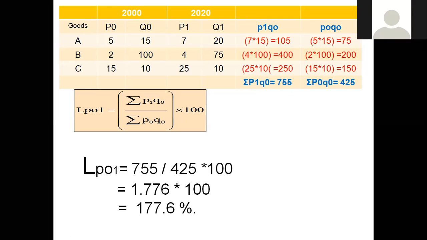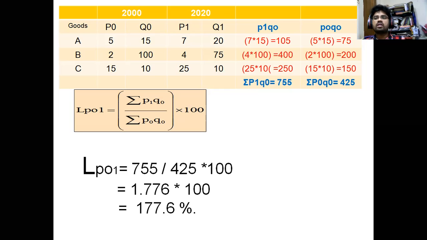Yes, sir. So what do you observe from constructing this Laspeyres index number? We can easily observe that the base index is 100, as I told you earlier. So the Laspeyres price index is 177.6. 177.6 minus 100, how much do you get? 77.6, right?